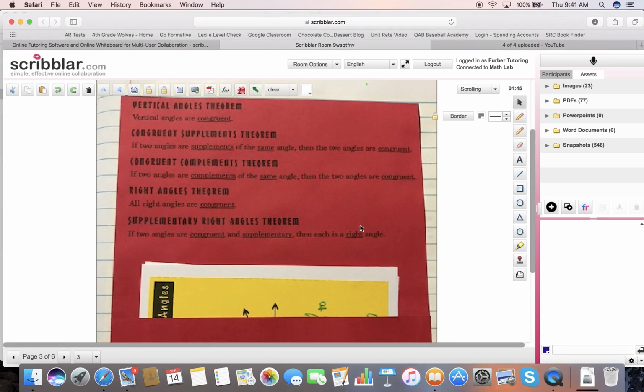Okay, it's a little bit better. It's a little blurry, but not too bad.